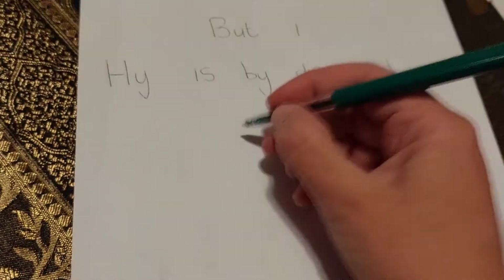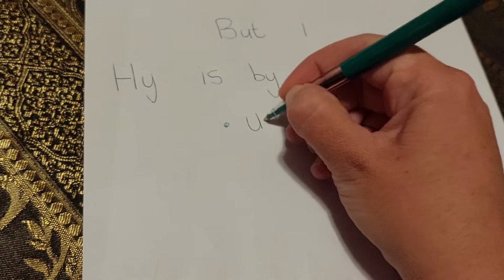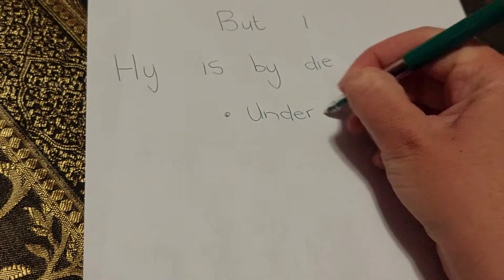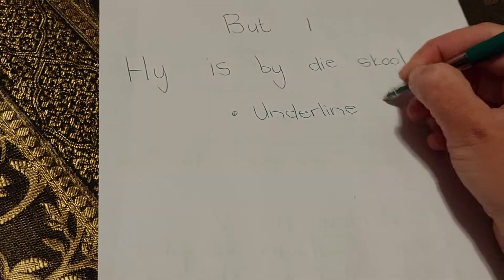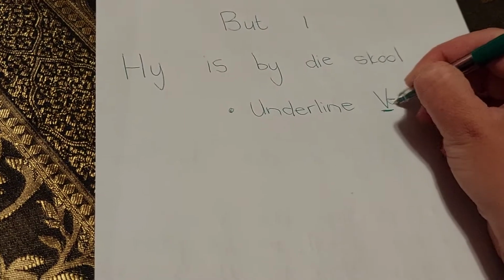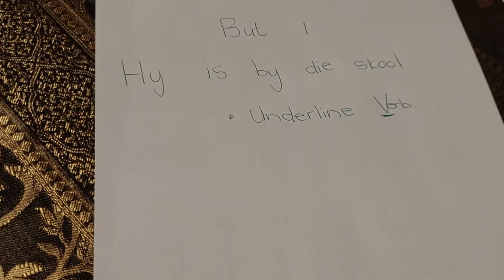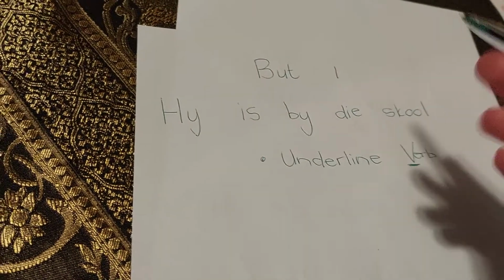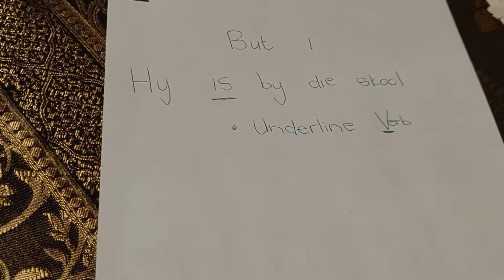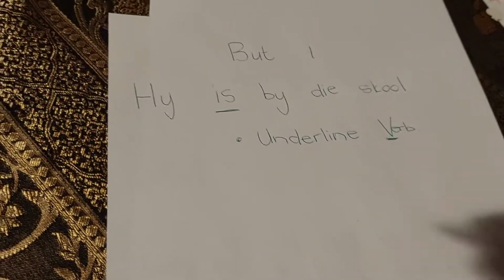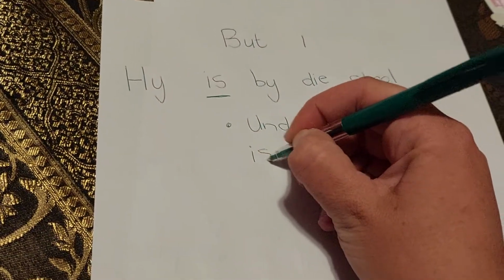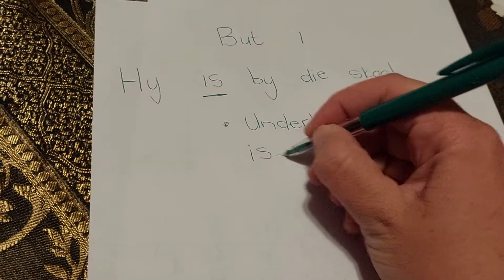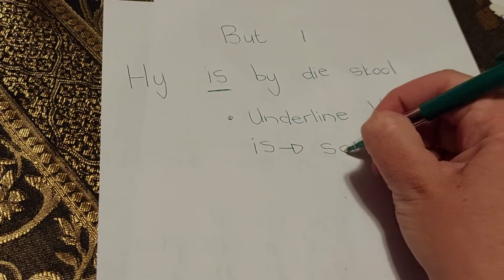Same with the main rule. You underline your verb. That V stands for verb. Okay, let's look at what is our verb. Hy is by die skool. Your verb is is. Now, that is the first but. If your verb is is, it changes to sal.